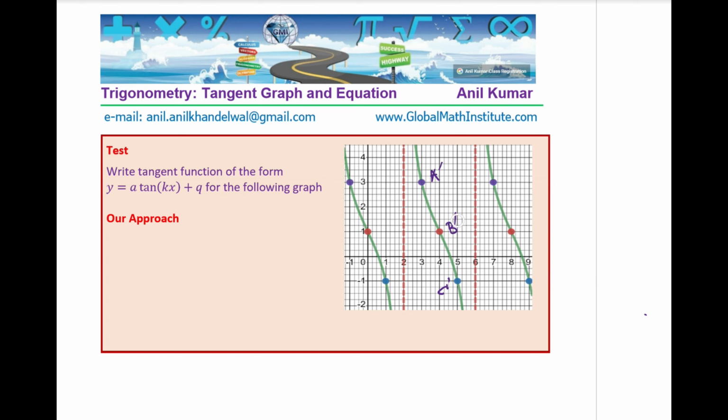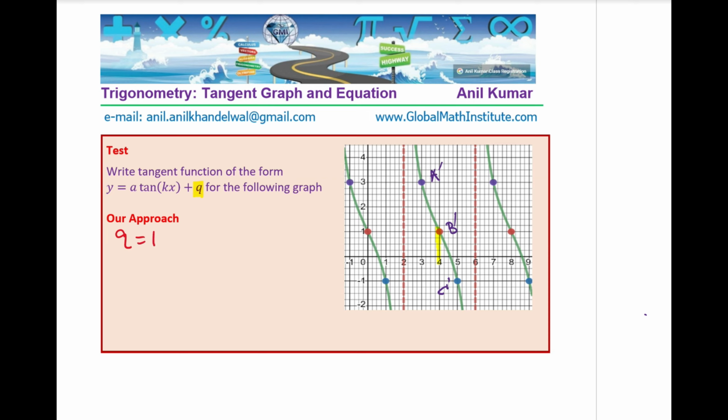Now the point b dash is actually the average value of a and c also, if you look at it. But since we have this graph, we can read it directly. The value of b dash has gone up by 1 unit. So that is what is q. And so we get the value of q equals 1.